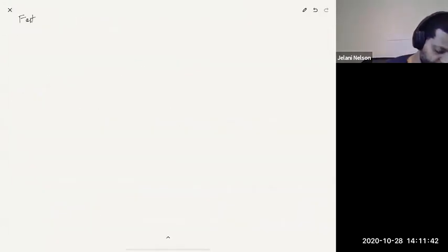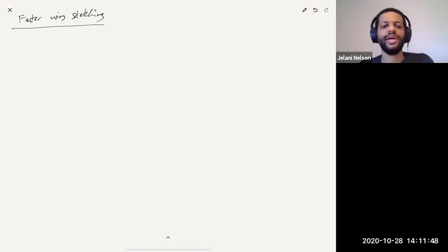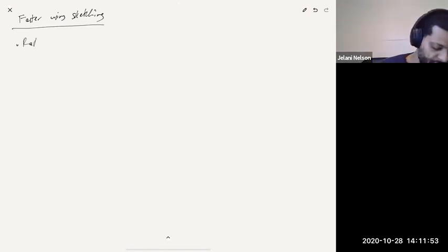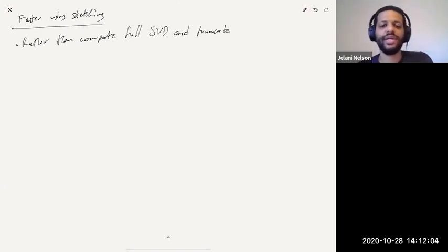As we're going to see, we can go faster using sketching. Rather than compute the full SVD and truncate, we'll compute some other approximate version and show that it does okay.